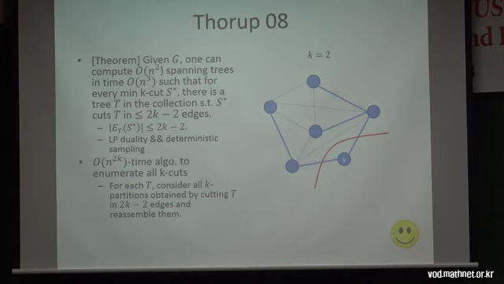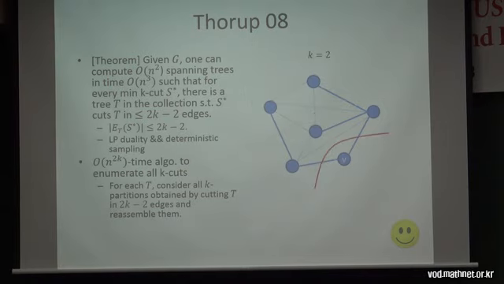So we consider all ways to cut T in 2k minus 2 edges. If we do this, we get 2k minus 1 connected components. Then we consider all ways to get k partitions by combining these 2k minus 1 connected components. Then we know that every minimum k cut will be considered by these possibilities.